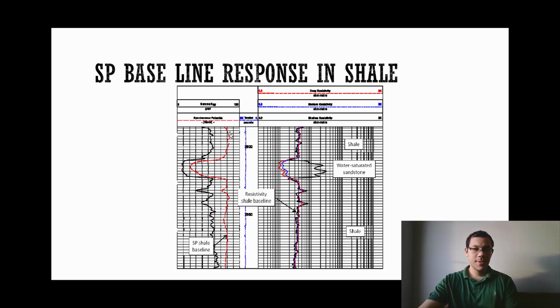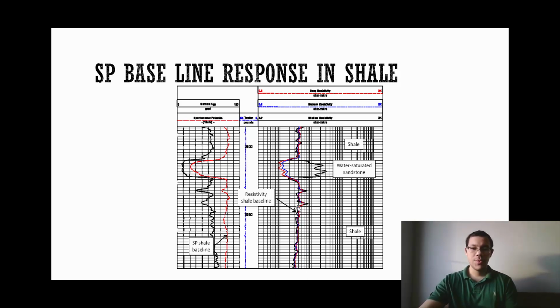At this moment, the idea that I want you to bear in mind is that there's going to be this baseline response for the SP in shale, and in anything else, let's say a permeable formation, whatever there is in that, there will be a deflection. It could be a positive or a negative deflection. And if we compare that with the resistivity curves, you see a similar behavior.